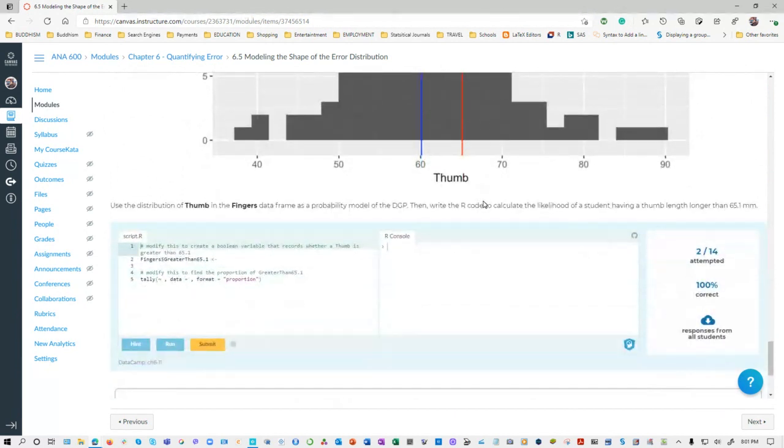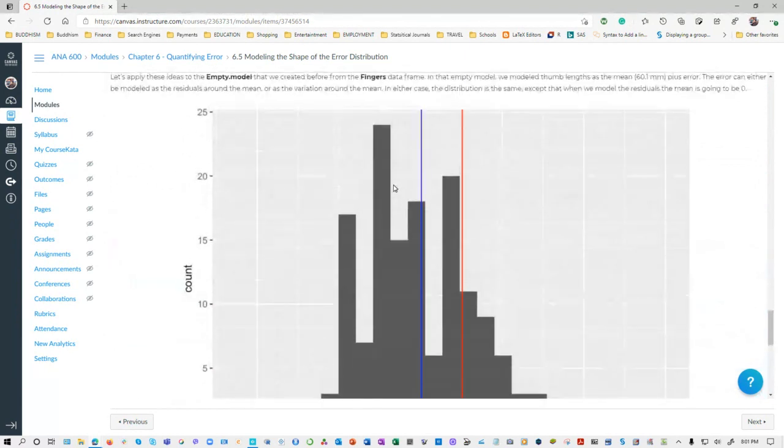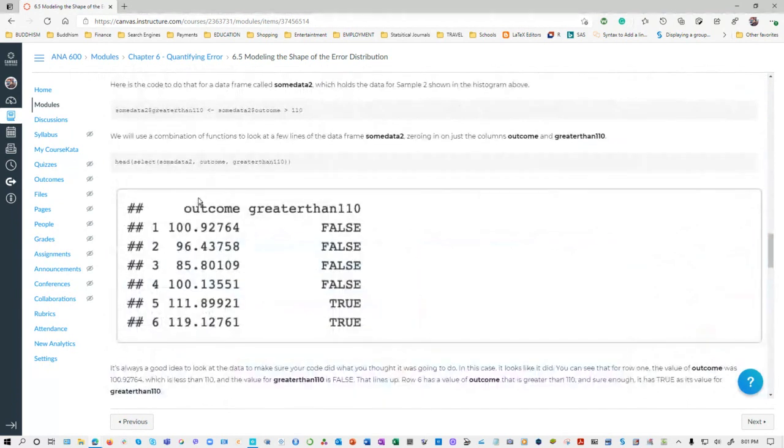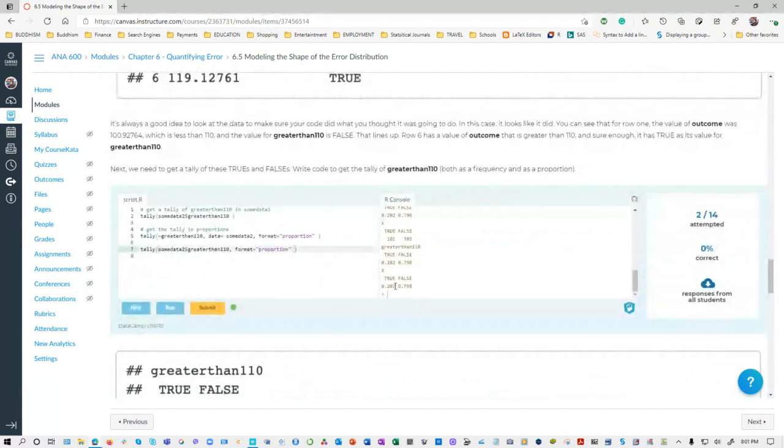So we're going to do the same thing with the proportion. This is the proportion, this is the probability. If you add the true ones and the false ones, 0.798 plus 0.202 will be 1.